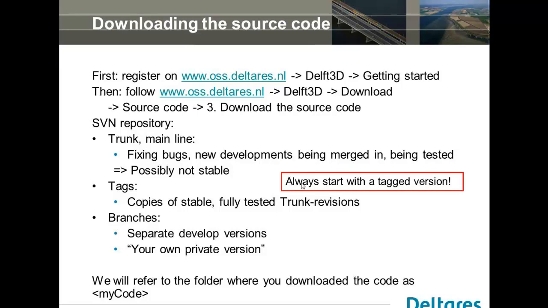It's always best to start with a tagged version of the code, since in the trunk version sometimes new developments are being committed and not entirely tested, so possibly not stable, and that's also currently not the case for the flow part. I will come to that later. So it's best to start with a tagged version.